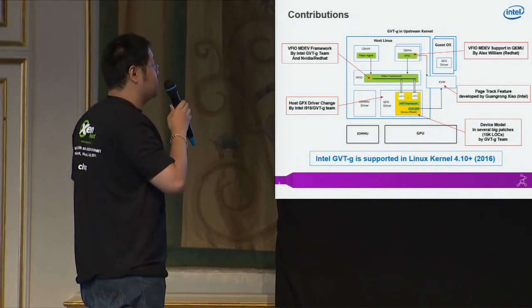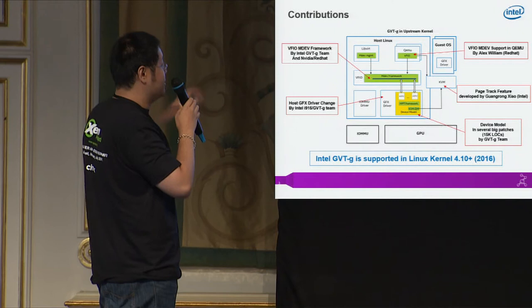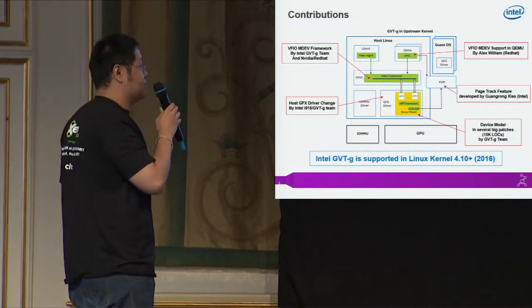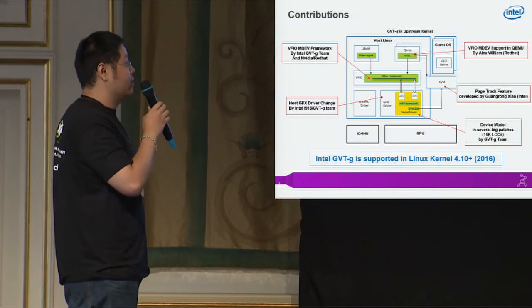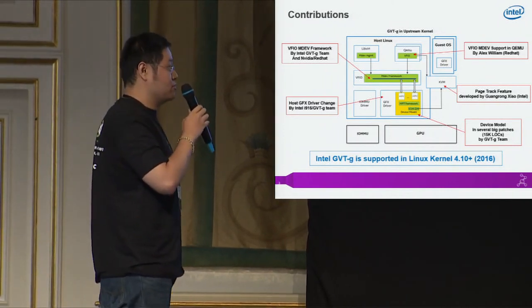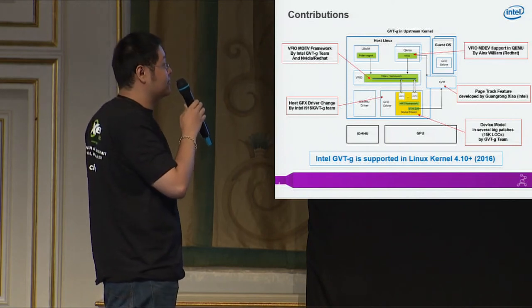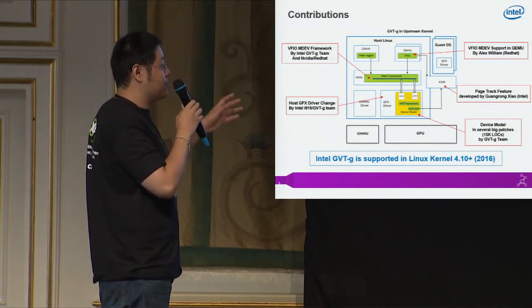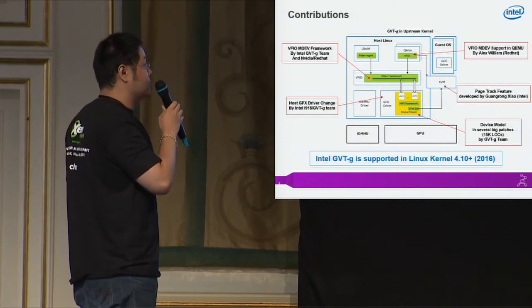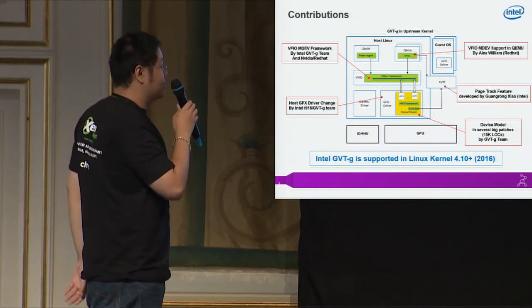There is already a framework in the Linux kernel named VFIO, virtual function I/O, which is mostly used for device passthrough in QEMU. And the maintainer extended that part to support mediated devices, also in QEMU.